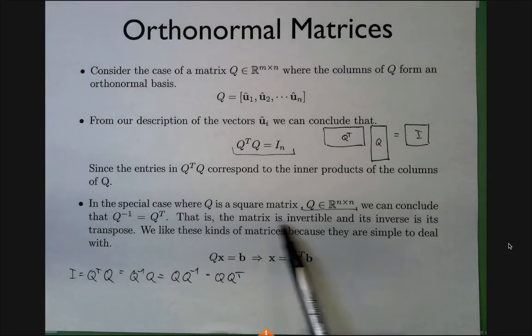So that means that if I have a square orthonormal matrix, then it doesn't matter if I talk about the rows or columns, because both of them are equally orthonormal. Or in other words, if I have a square orthonormal matrix, then the fact that it has orthonormal rows implies it has orthonormal columns and the other way around.